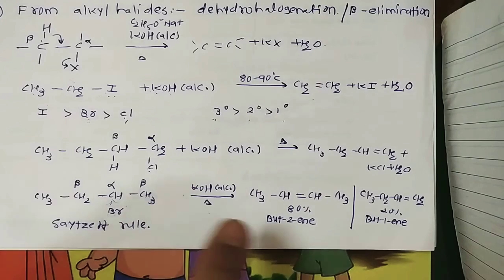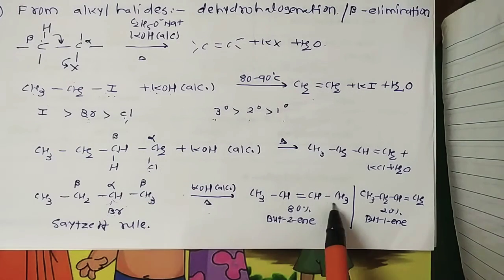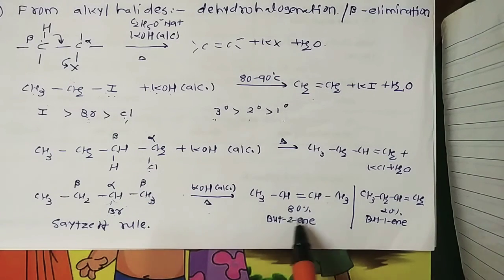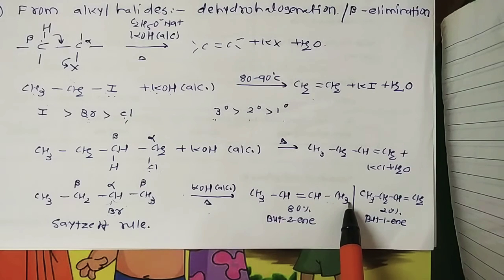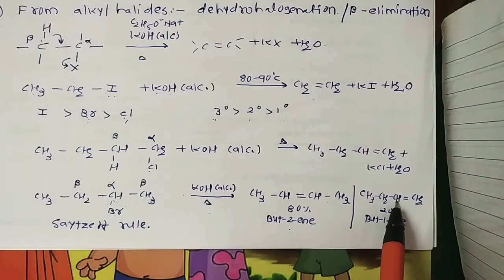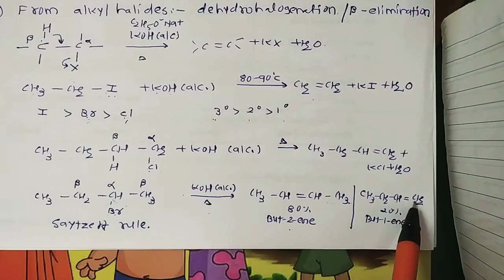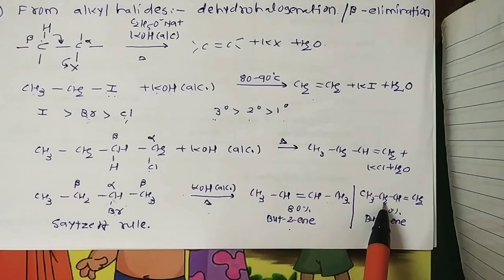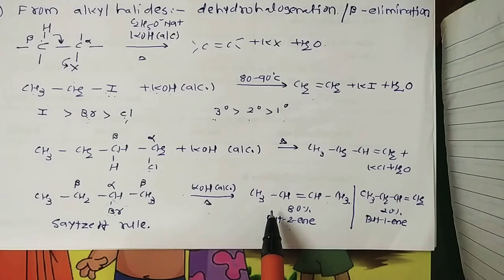So regarding 2-butene, how many hyperconjugative structures? 3 plus 3, 6 plus 1, 7 hyperconjugative structures. While in the other case you have a double bond, so 2 plus 1, only 3 hyperconjugative structures. So 7 compared to 3, so it's highly stable in nature. That's why we get 2-butene.